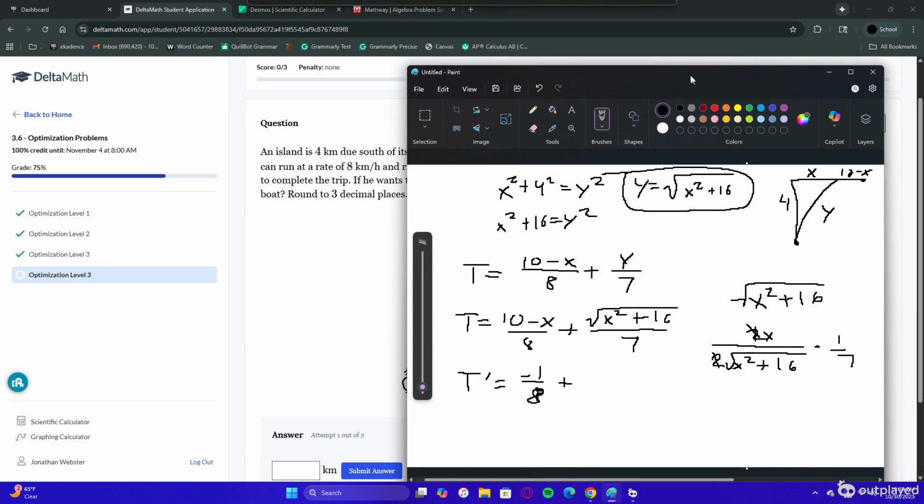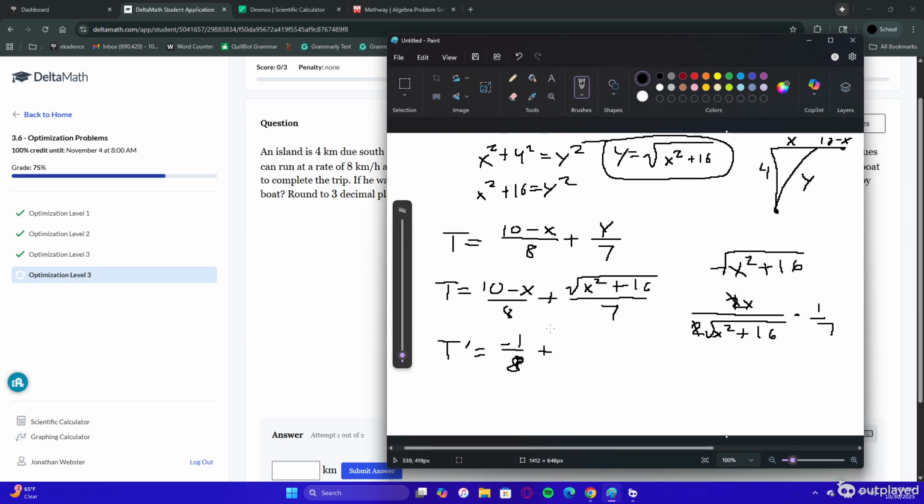So our t prime, how we're going to solve for the critical points, is negative 1 over 8 plus 1/7 times x over the square root of x squared plus 16. And now we solve for the critical points.